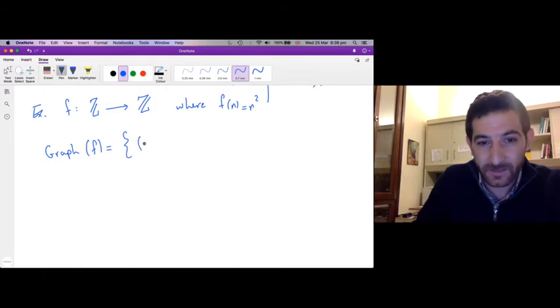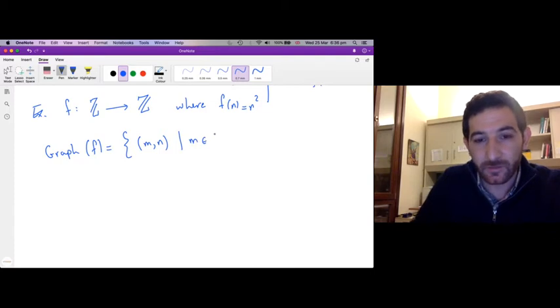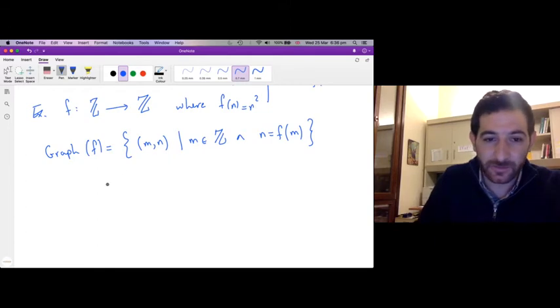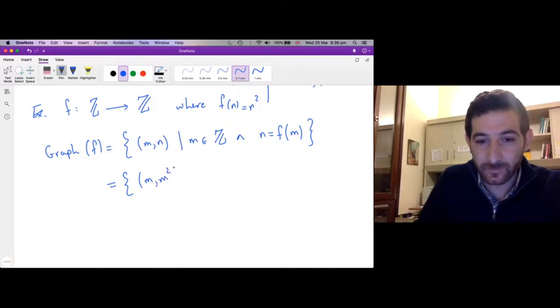This is the set of all integer pairs (m, n) such that m is in the domain, which is Z, and n, the second one, is the image of the first one. So it's f of m, right? But f of m is m squared, so n is m squared. So this is the set of all pairs (m, m squared) such that m is in Z.